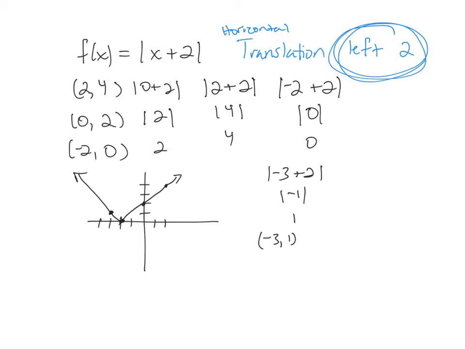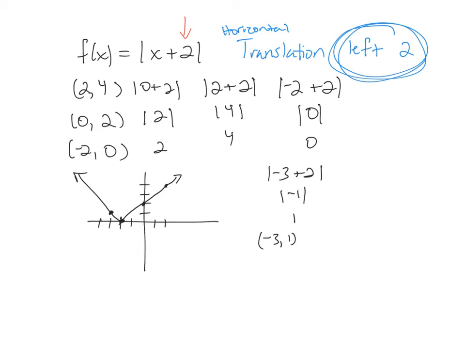Okay, now I started off with the translation to the left for a reason. Number one, to kind of illustrate the point. But I ended up having to pick another number because it didn't work out. I picked 2, 0, and negative 2. So really, when you have a number in here like that, you actually want to pick a number bigger and smaller than that number.